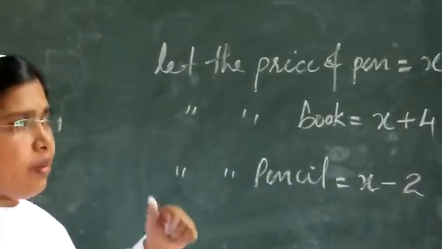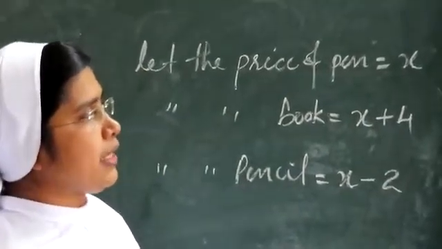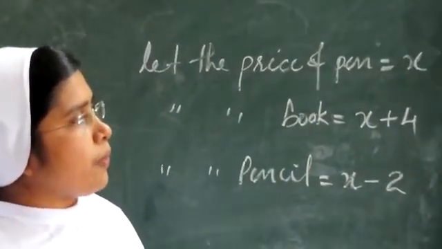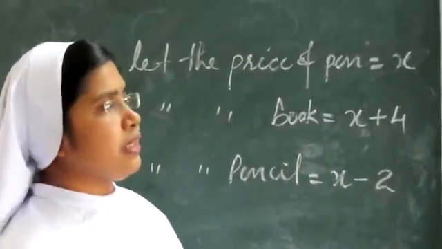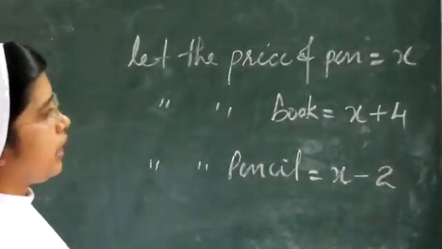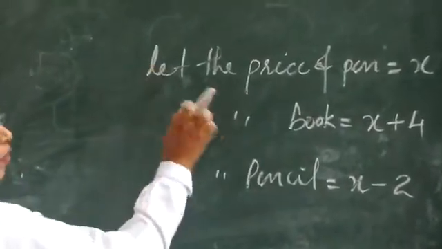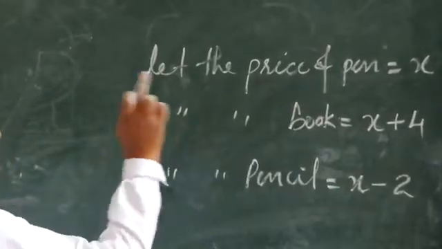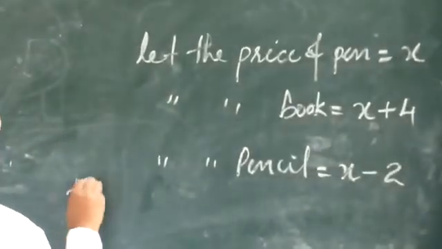Okay. Now again more complicated things are given. Now what else is given? The total price is given. Total price of 5 books, 2 pens, 3 pencils is 74 rupees. Okay. Now what is the price of 5 books?